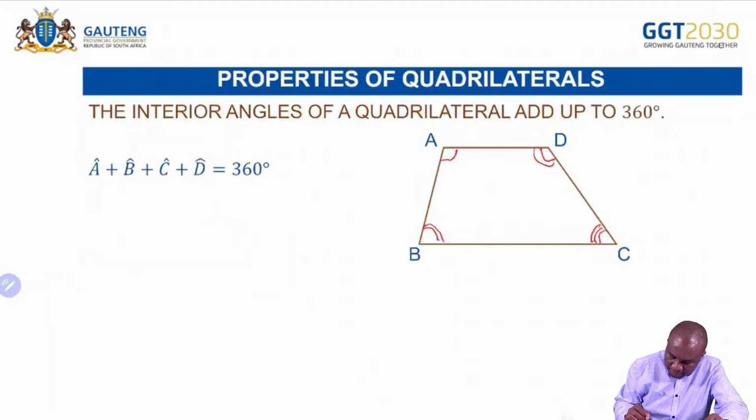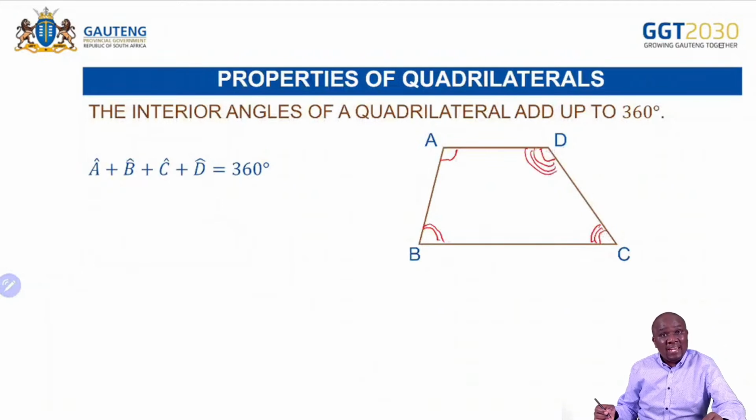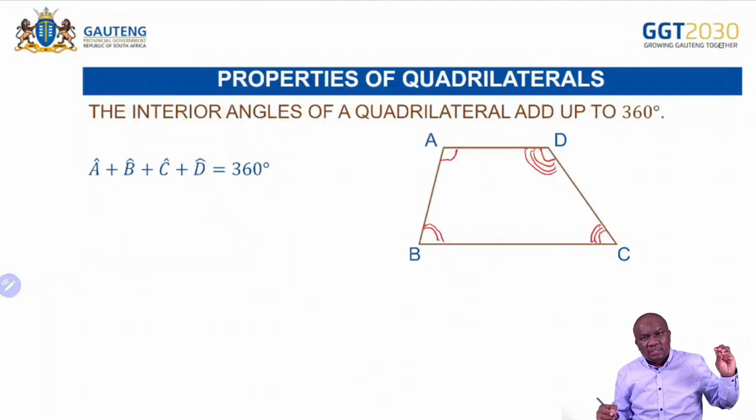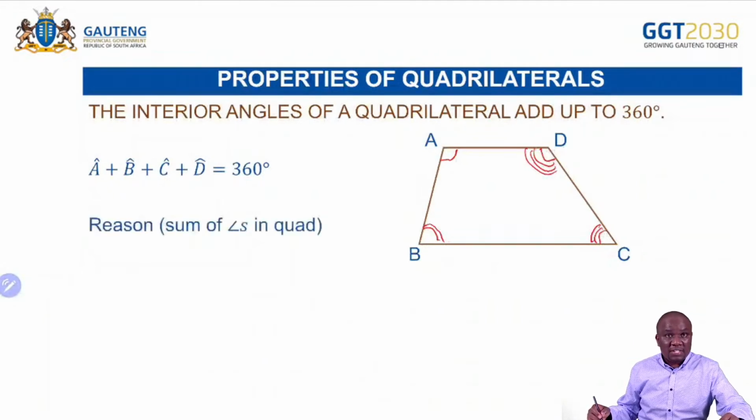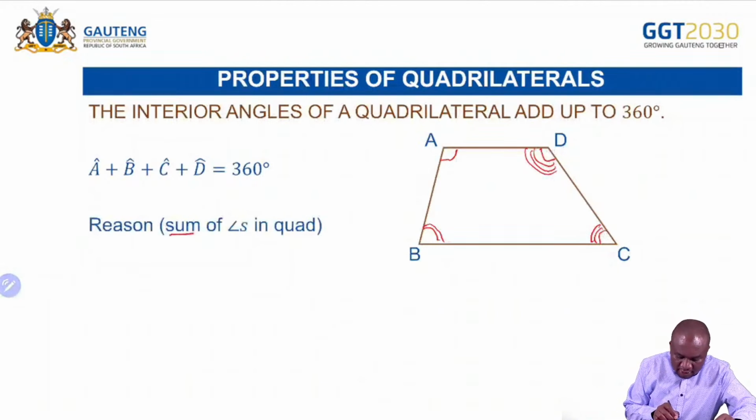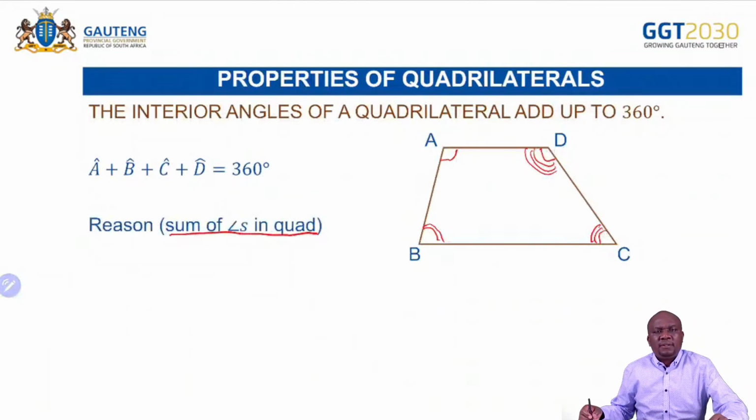And angle D. If you add these four angles, we get 360 degrees. For any quadrilateral, can be a kite, can be a trapezium, can be a parallelogram, can be even an irregular polygon, which is four-sided. The interior angles add up to 360 degrees. Okay, so the reason is sum of angles in quad, meaning sum of angles in quadrilateral.